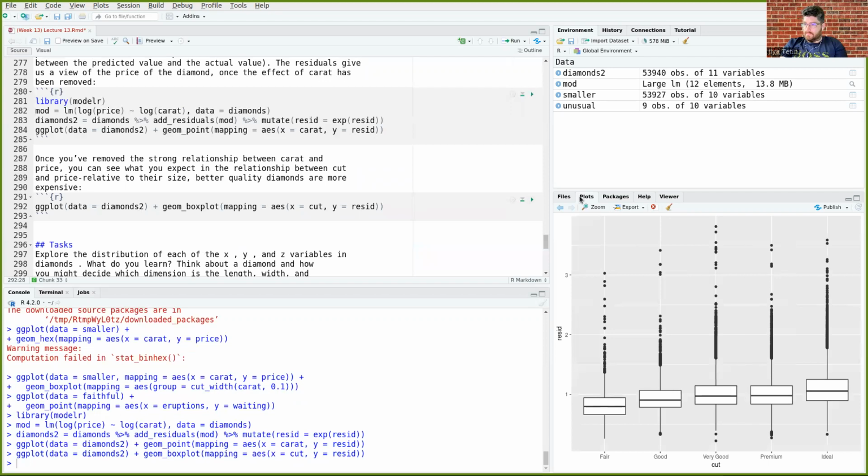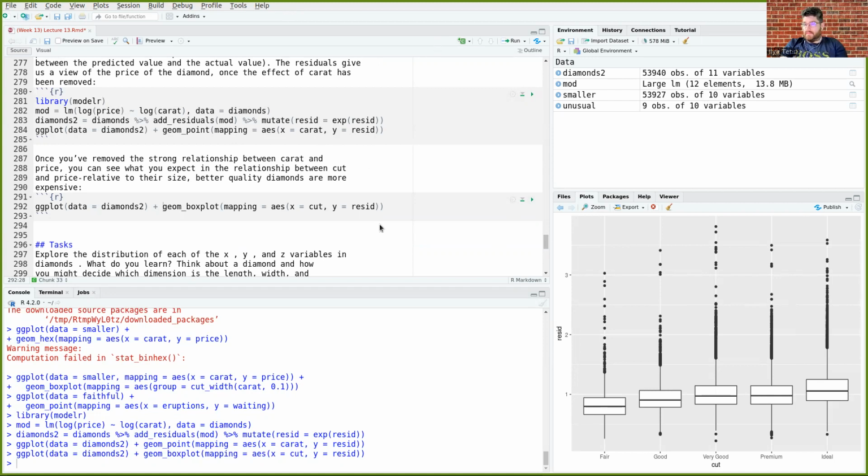The last thing is understanding the cut and the residual, and how we can use this linear relationship and the residuals produced with it to understand the dependency of the cut and the price.